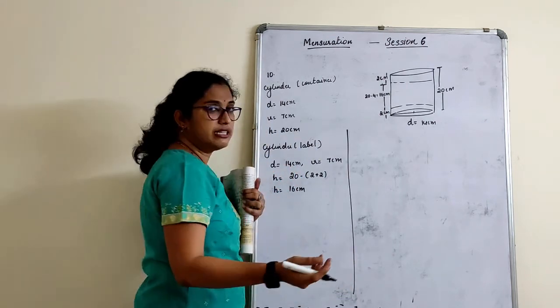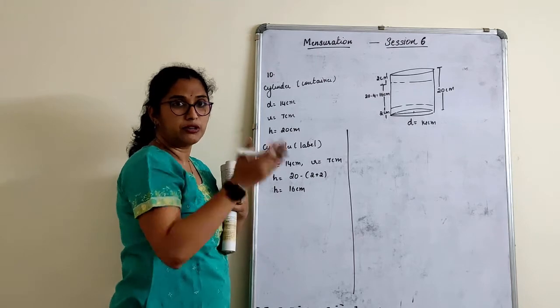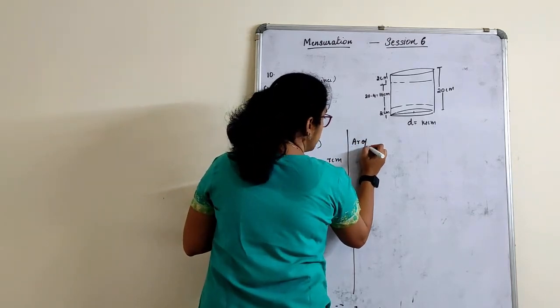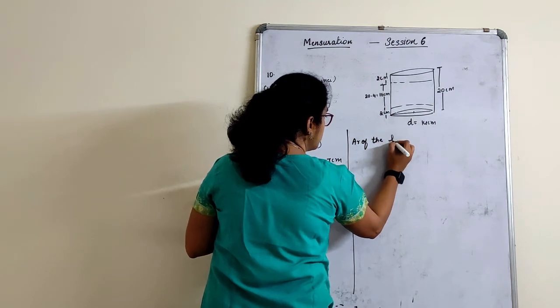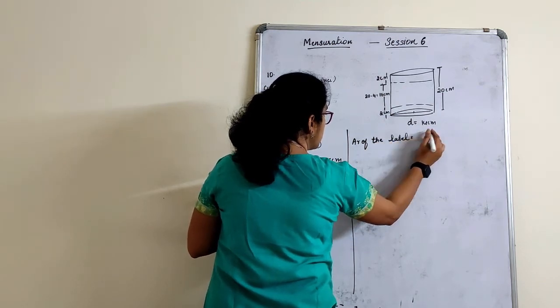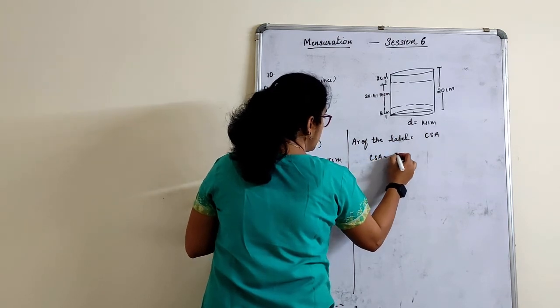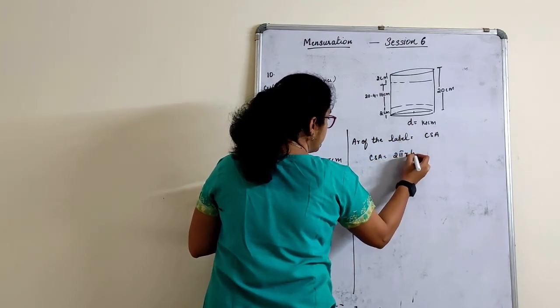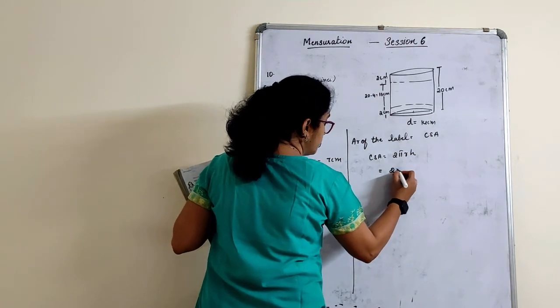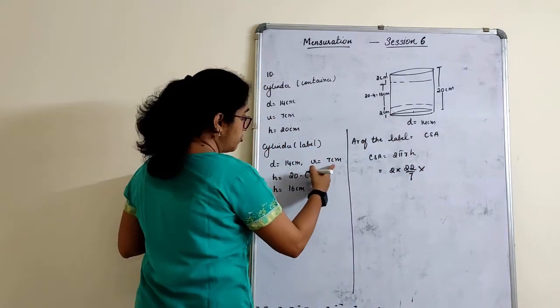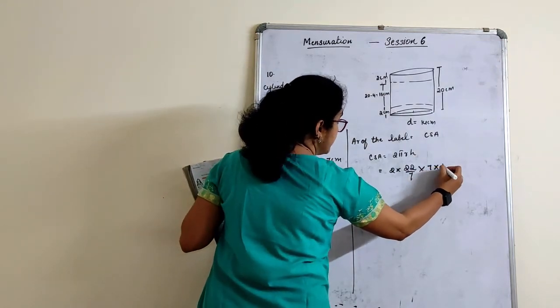Area of the label is CSA. Area will not be on the top and bottom, it will be only on the curved surface area. CSA is equal to 2 pi RH. So 2 into 22 by 7 into R, which is 7. Height is 16.